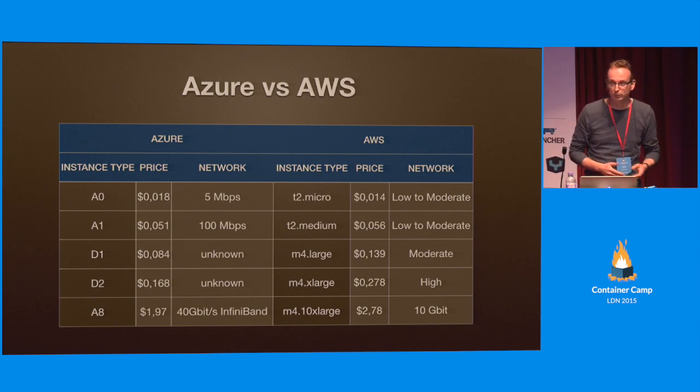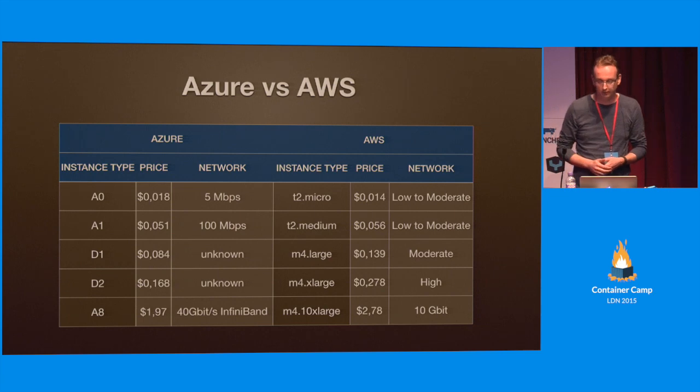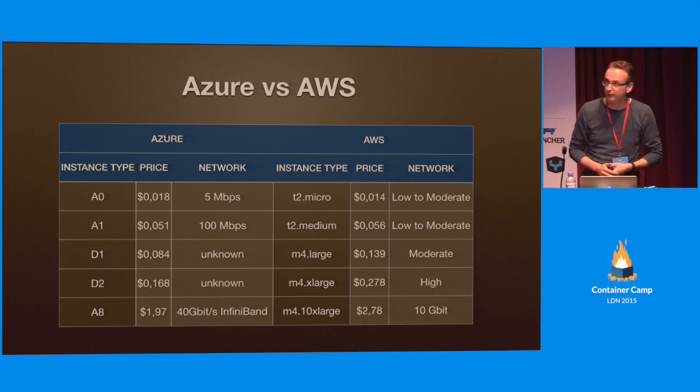And for a more generic performance type, we use the newer D series on Azure, and the latest generic performance family, the M4 instances on AWS. And to see if money buys good performance, we tried a couple of the bigger instances as well.